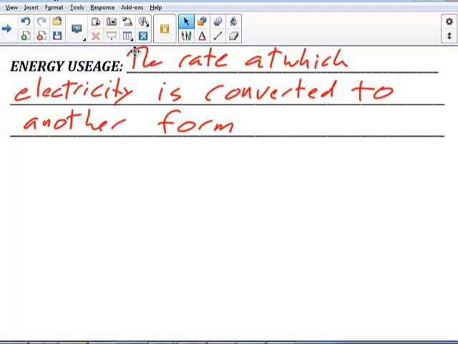So we know that our TV in the previous case draws 168 watts of power. But how much energy it uses really depends on how long the TV show is that you're watching.